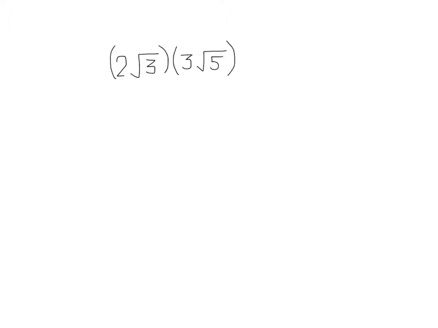So in this first example, we're just going to start with multiplying a radical by a radical. What we basically do is we take the numbers out in front and we multiply them. So we'll be taking 2 times 3. And then we take the radicals and we multiply them. So we'll be multiplying root 3 by root 5. And what we end up with is 2 times 3 is 6.